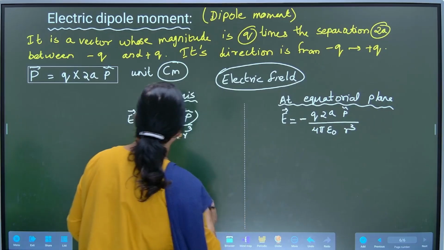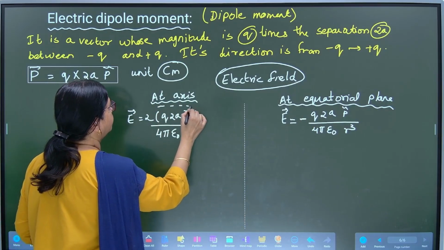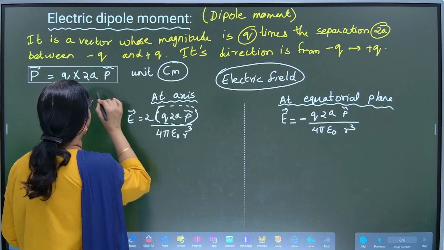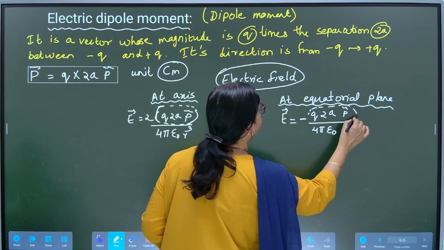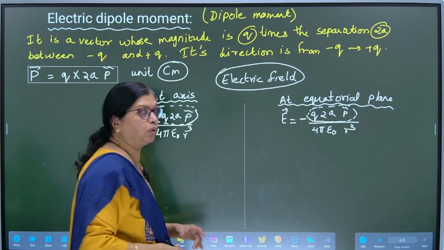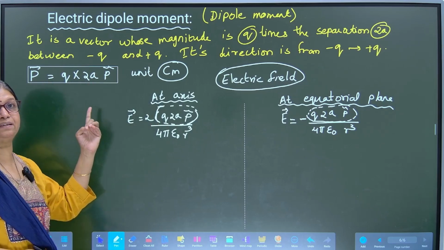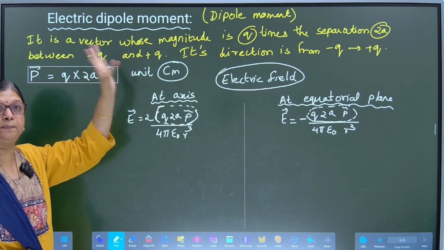Here we can understand that this portion is the formula we just now wrote as P arrow. Here also this portion is P arrow, that is the electric dipole moment or simply dipole moment.